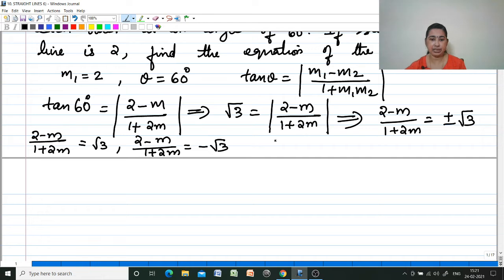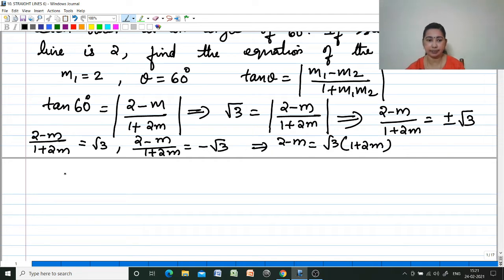Now, from the first one, we are getting m. We can cross multiply and get the value of m. First one I will show you here, that is 2 minus m is equal to root 3 into (1 plus 2m). Opening the bracket, m values we can write on one side.